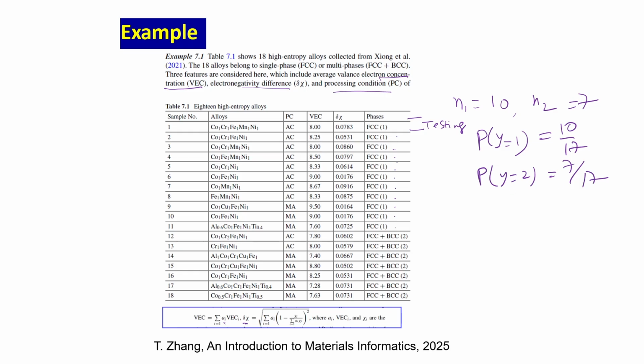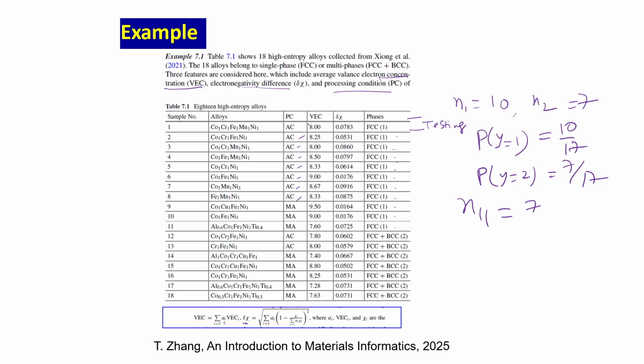Now, we can also calculate N11. If you carefully look at N11, that is single phase processed by AC, which is basically 7. Can you find that out? Let us say FCC AC is what? 1, 2, 3, 4, 5, 6, 7.